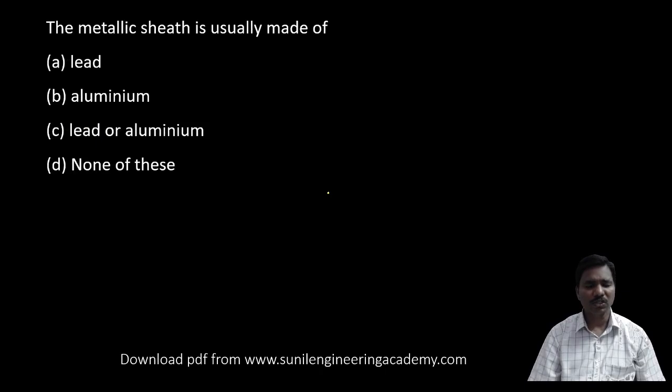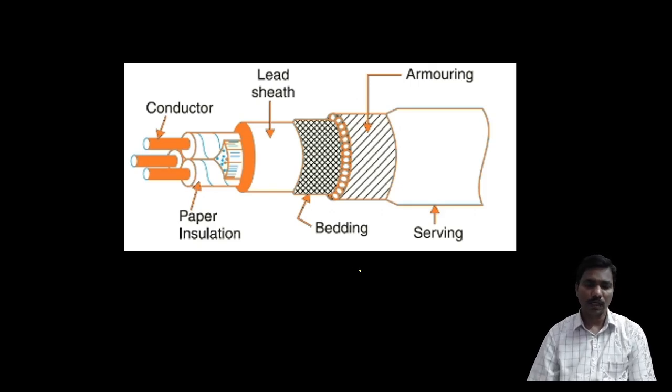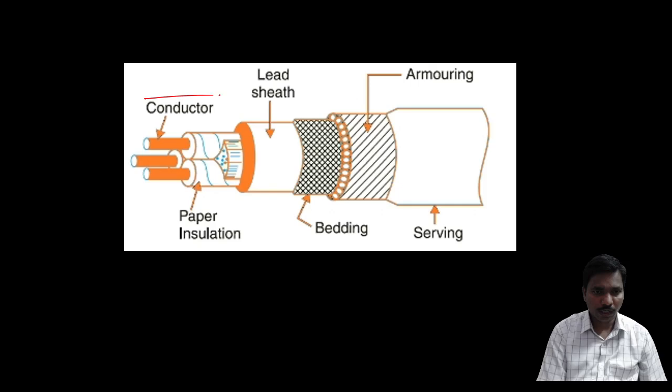The metallic sheath is usually made up of lead or aluminum. I have already given lead or aluminum. So this is the cross-section diagram of an underground cable. Here we have the conductor, that is the core copper cable.